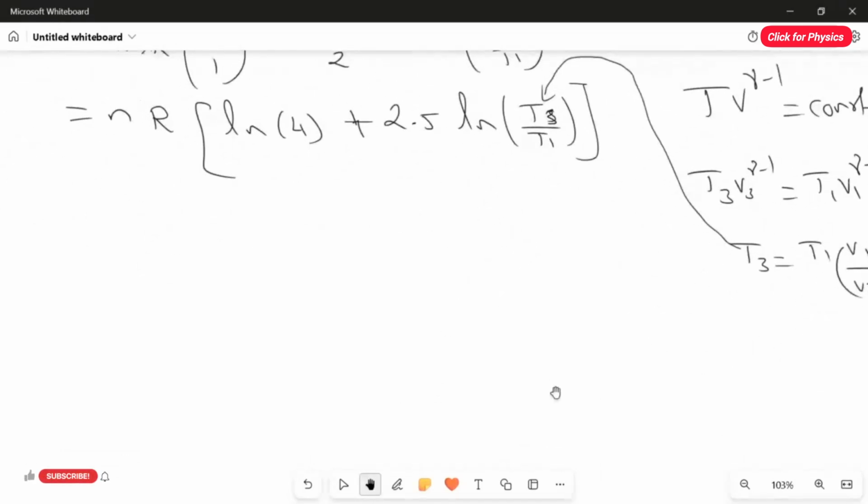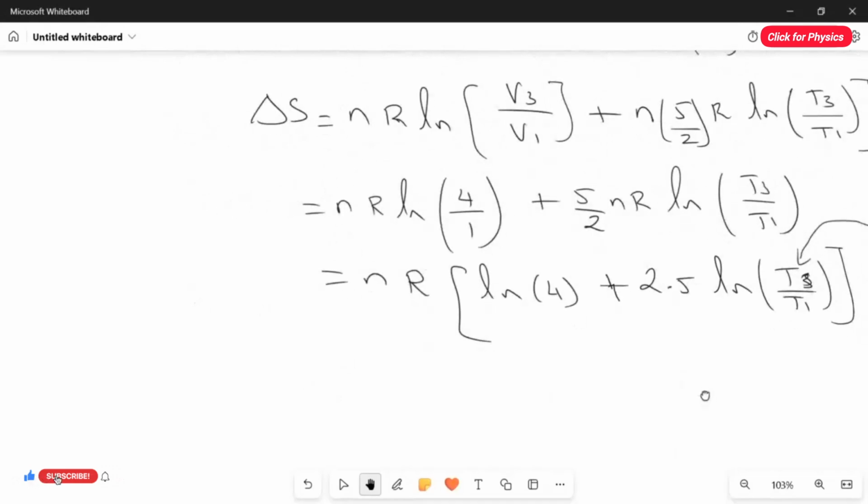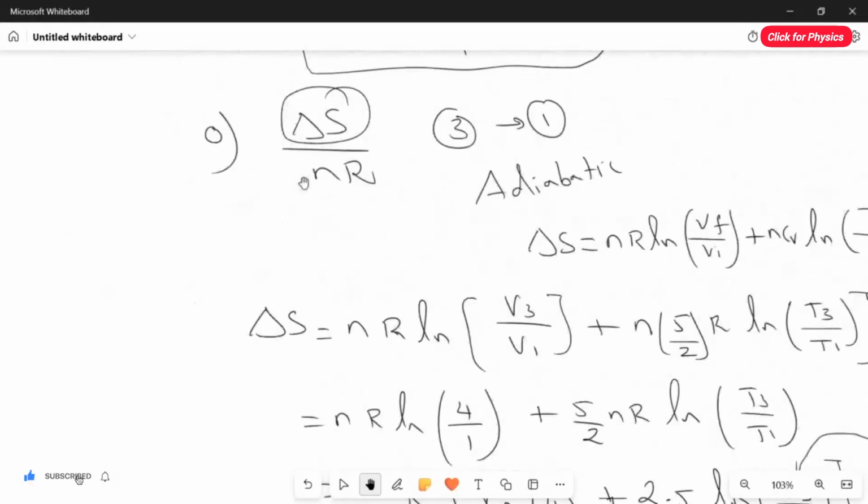Before we substitute, let's take nR to the left-hand side, because the question itself asks for delta S over nR.